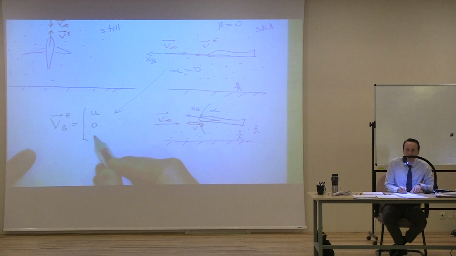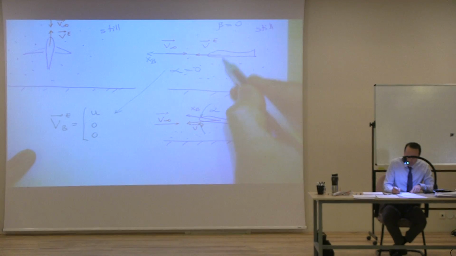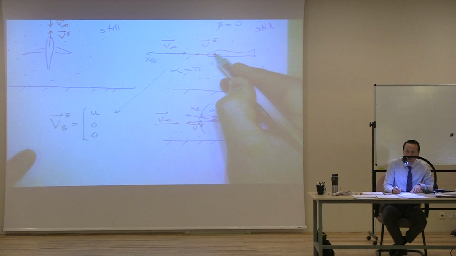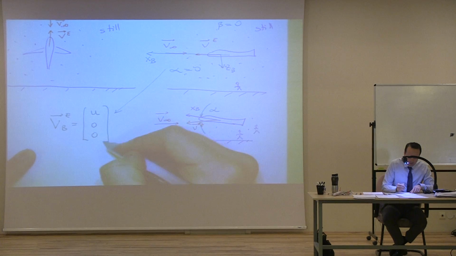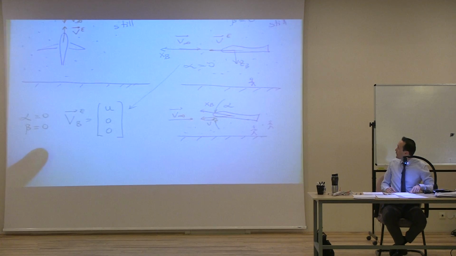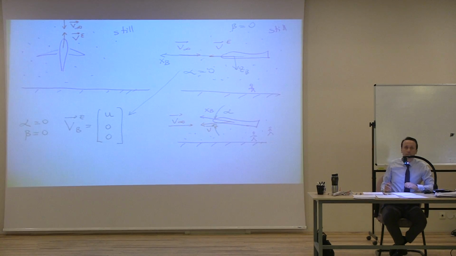How about the W direction? 0. There is no velocity in the body z direction. Z body is equal to 0, right? The whole velocity is here. And this is for alpha equals 0 and beta equals 0. For that case, we have this. Anything you don't understand here, please tell me now.